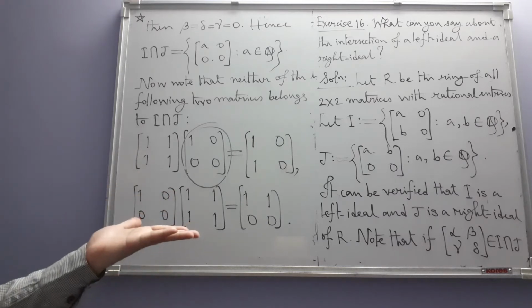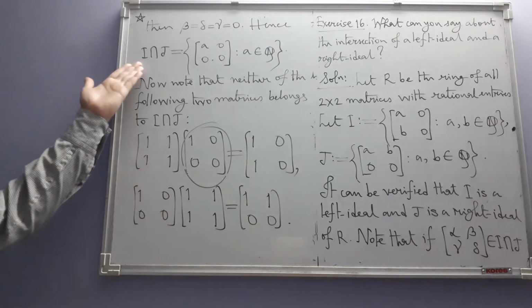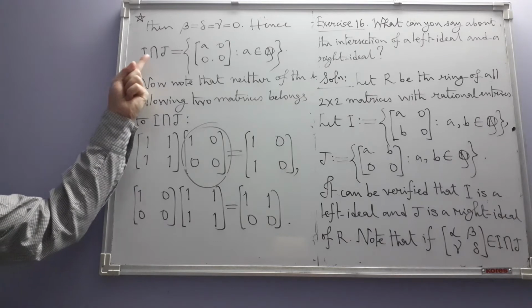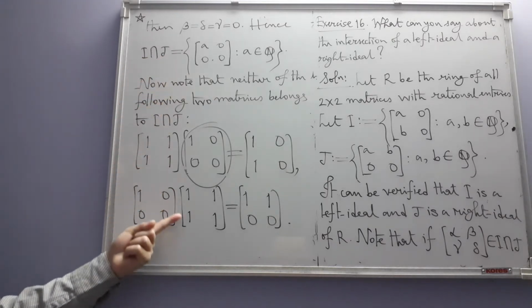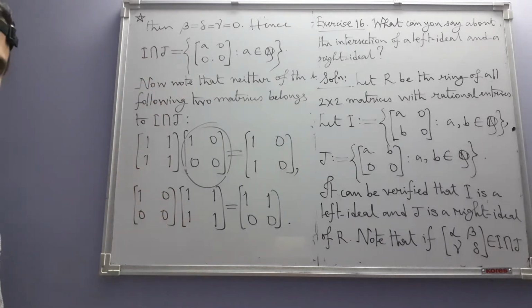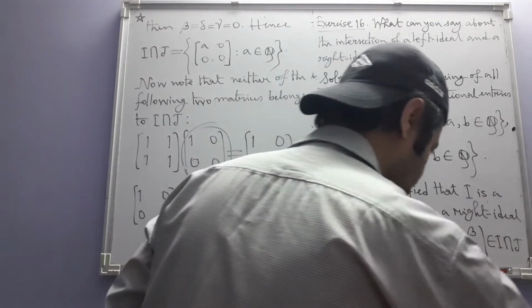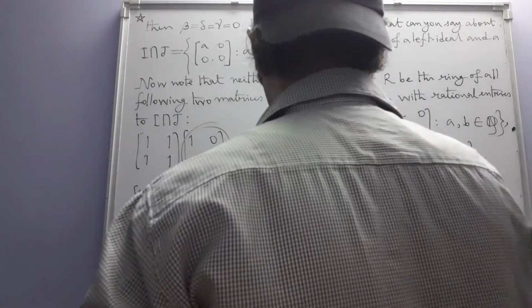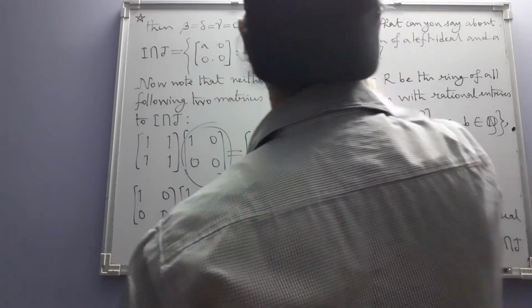So this is an example where we have an intersection of a left ideal and a right ideal, but the result is neither a left ideal nor a right ideal. So no question of the intersection being an ideal. Okay, so that is our conclusion. So we can't say anything about such an intersection.